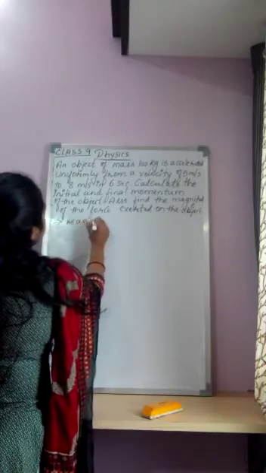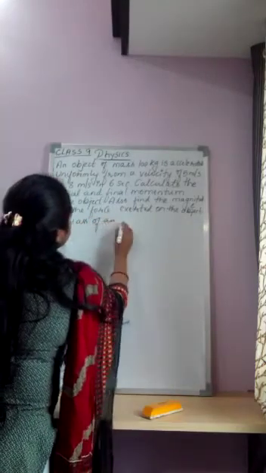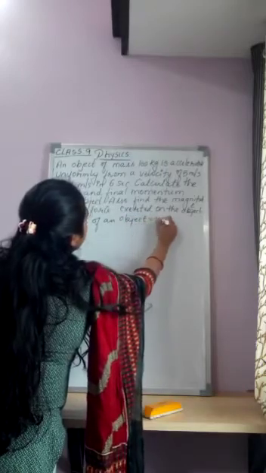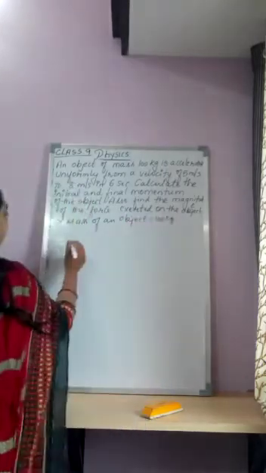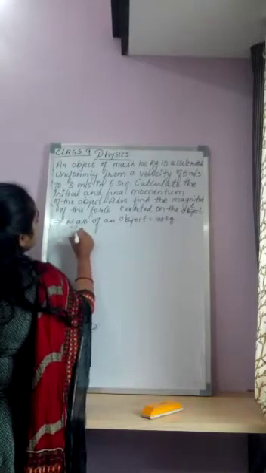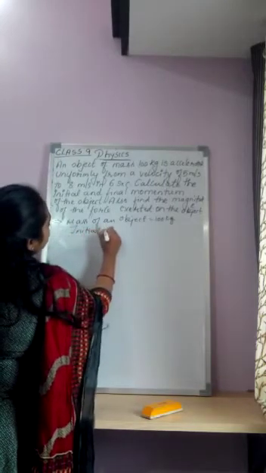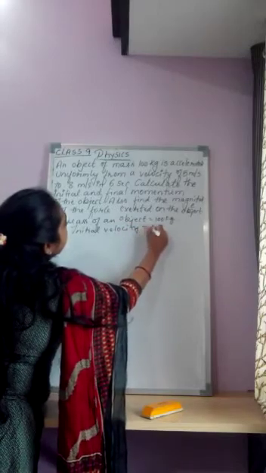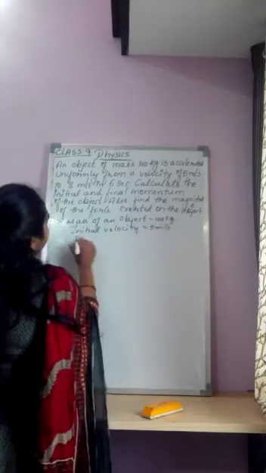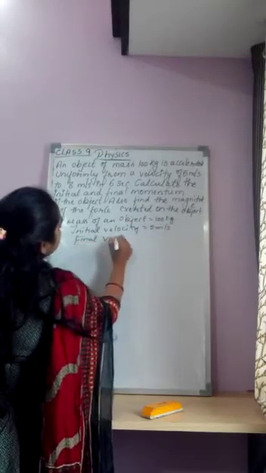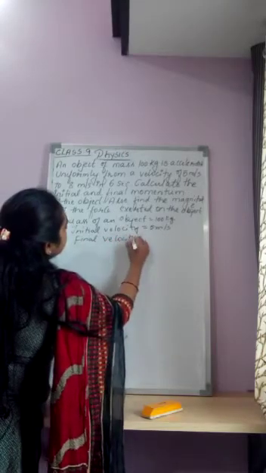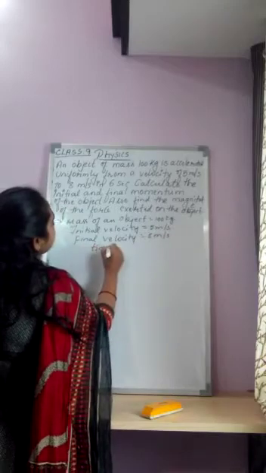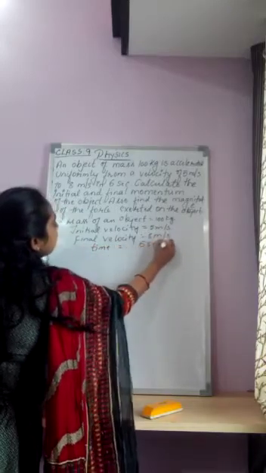Mass of an object is equal to 100 kg, and initial velocity is equal to 5 meter per second, final velocity is equal to 8 meter per second, and time is given, that is 6 seconds.